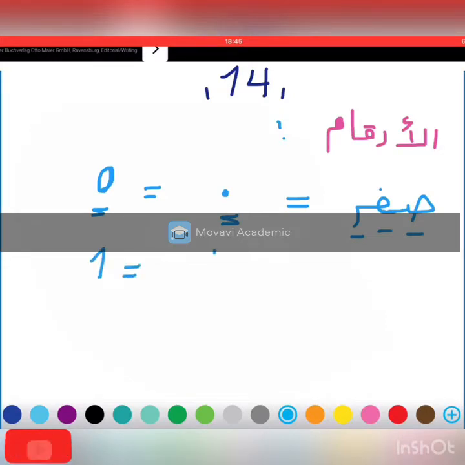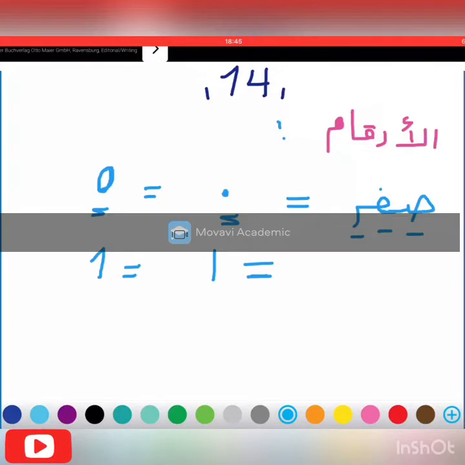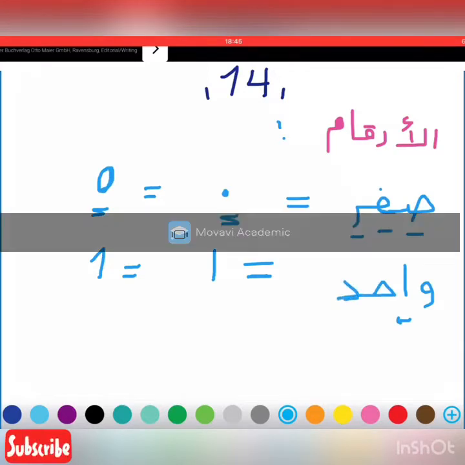we write it in Arabic like this, just like alif. So this is in Arabic, واحد, 1. Wa at the beginning, wa, alif, wa, and then ha, but alif cannot be connected from here, so ha will be in the beginning, wa, and then dal, wahid, okay?